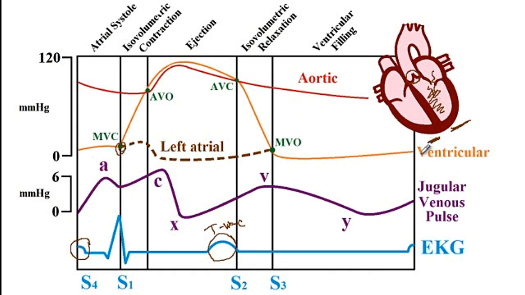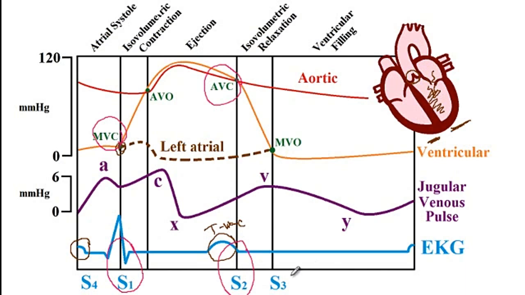As you know, the heart sounds, lub-dub, lub-dub, represent the closure of the mitral valve, and then later on the closure of the aortic valve. So here S1, which is lub, and then S2, which is dub, are shown with the mitral valve closure and aortic valve closure.